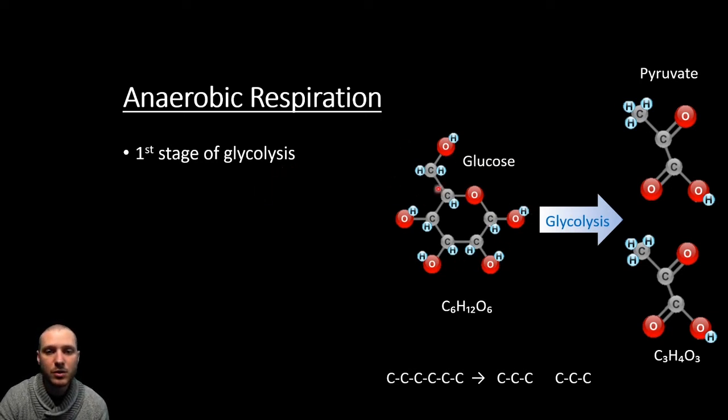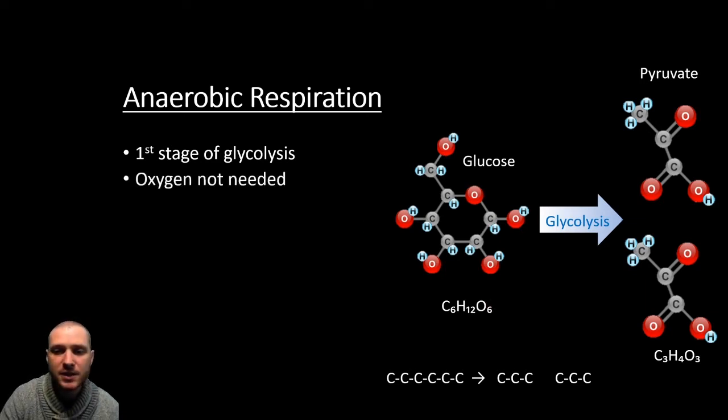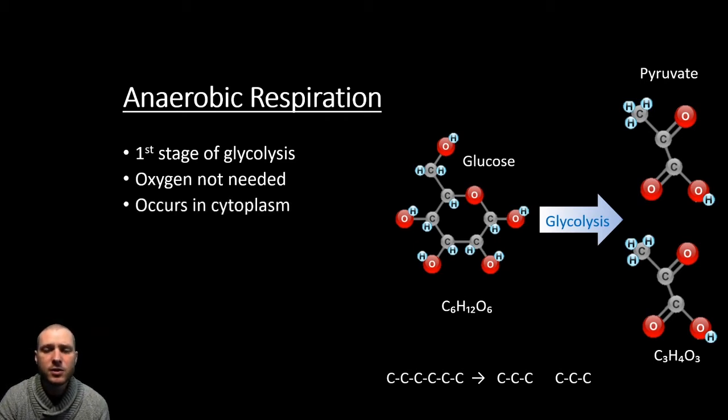So here we have our glucose molecule. We don't need to concern ourselves so much with the molecular formula, but you can see it has 6 carbons, 12 hydrogens, and 6 oxygens. And again, with anaerobic respiration, oxygen is not going to be needed to produce the resulting ATP. This is going to occur in the cytoplasm, so the mitochondria is not involved in this anaerobic process.